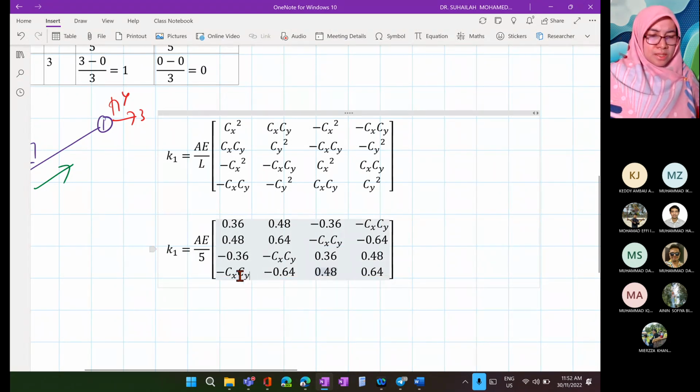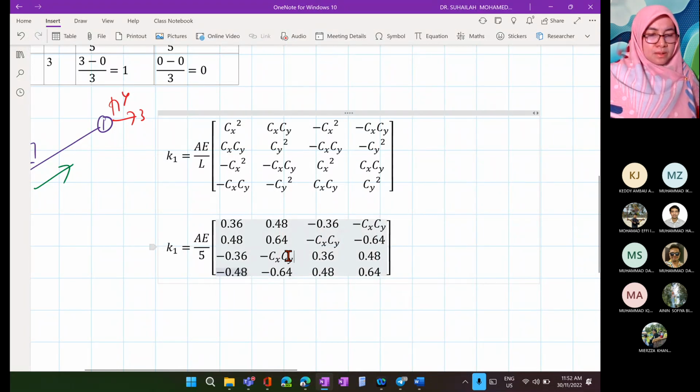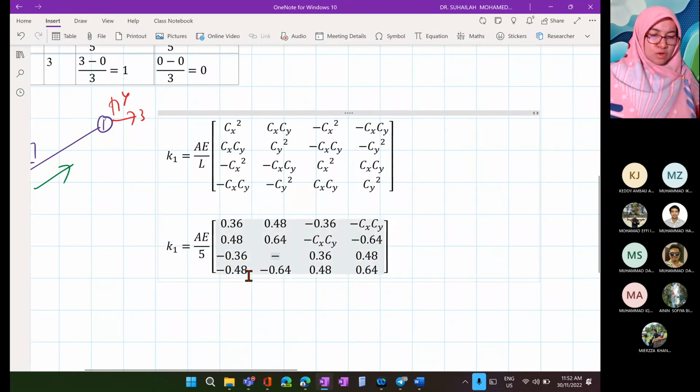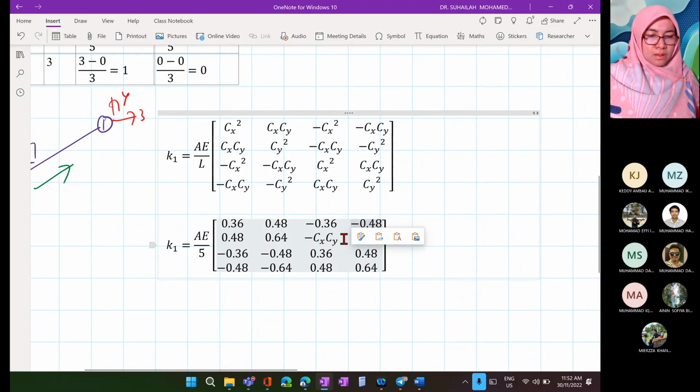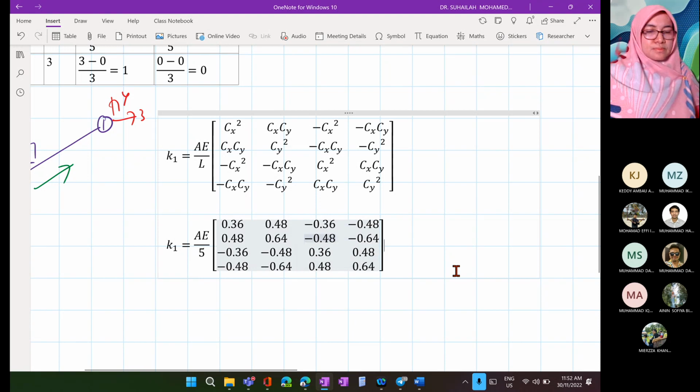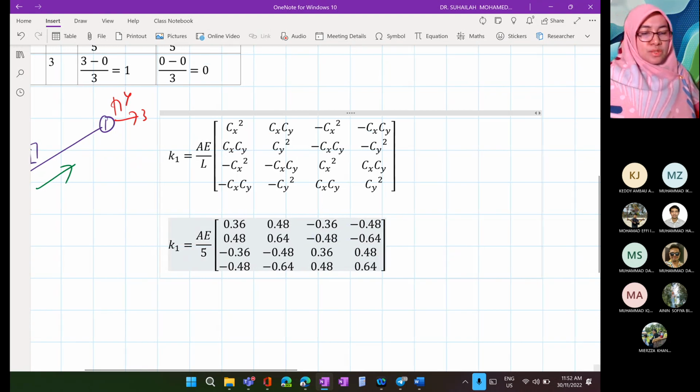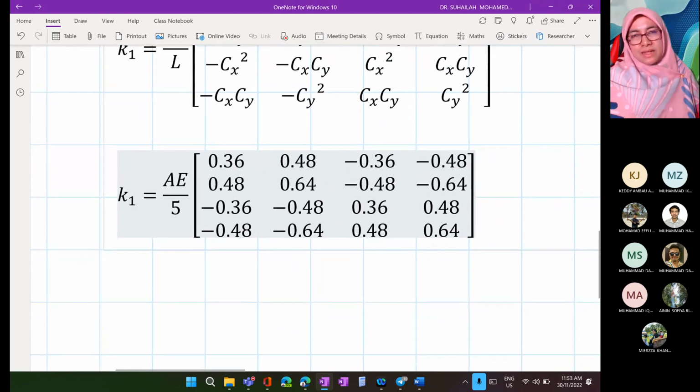This is negative 0.48, negative 0.48, negative 0.48, negative 0.48. So this is actually the stiffness matrix for element number 1.